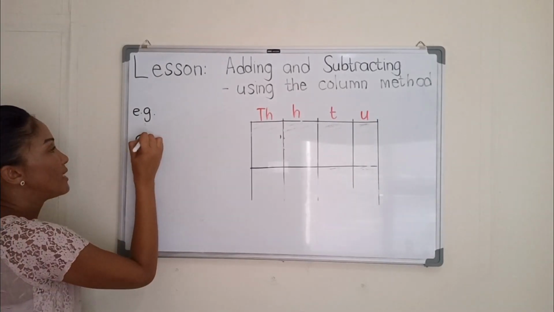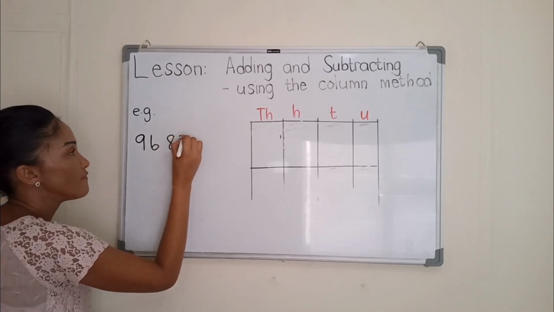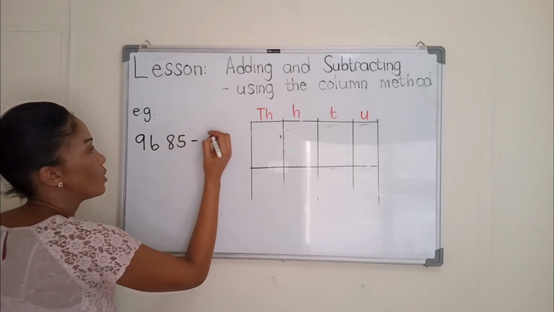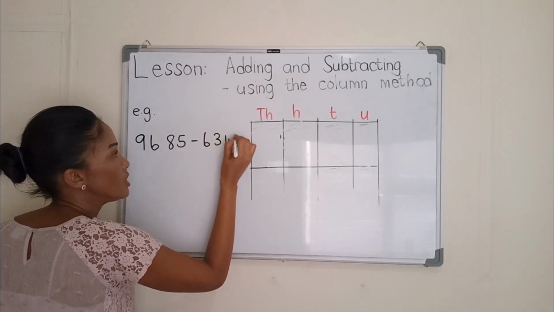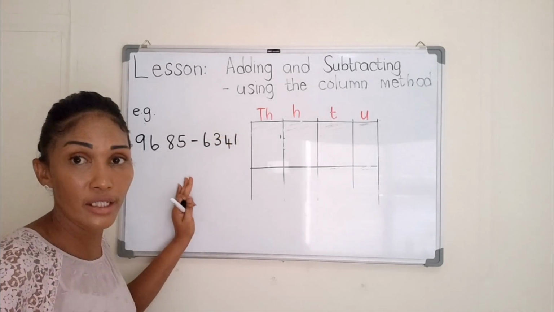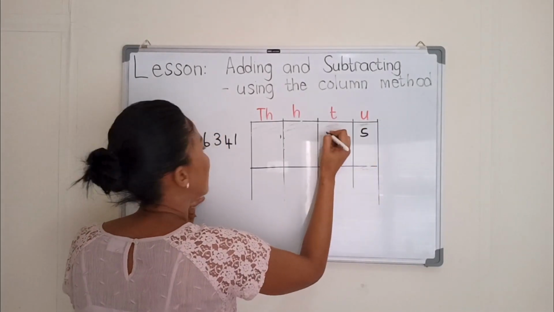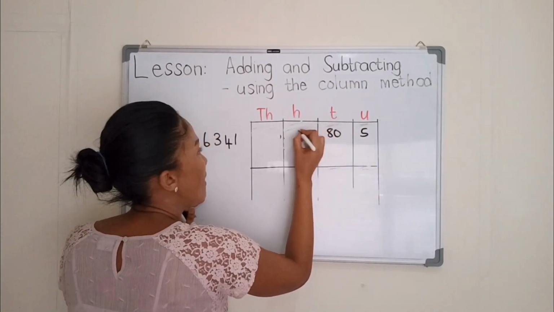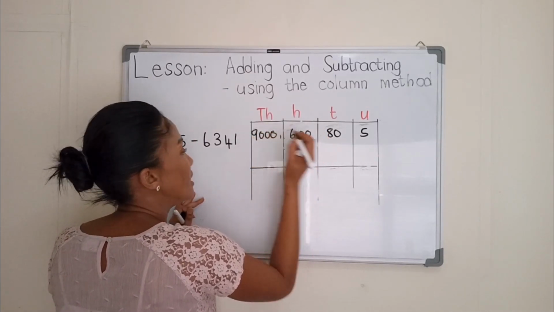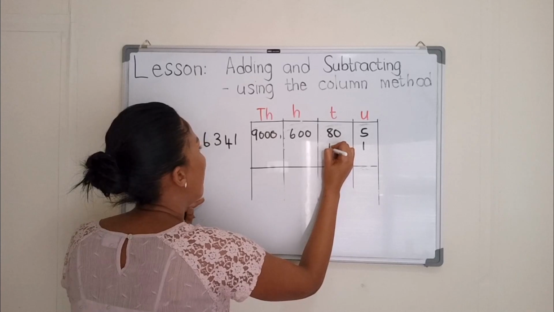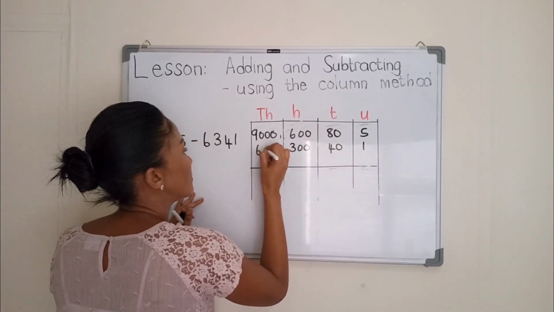So if I have 9,685 and I need to take away 6,341, what I need to do is put them in the correct columns. So I'm going to write 5, my 80, my 600, and my 9,000. Then I've got 1, my 40, my 300, and my 6,000.